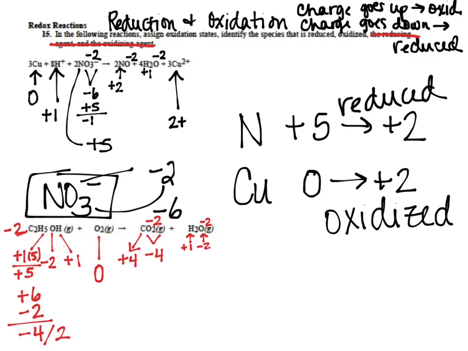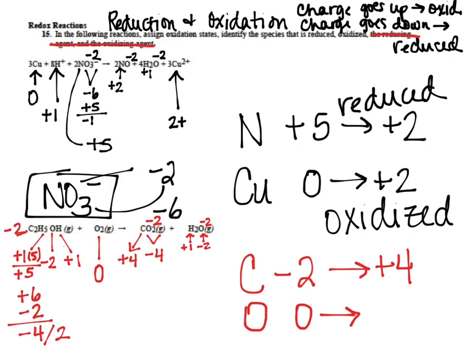So whose number changes? Carbon goes from being a -2 to a +4. And oxygen goes from being a 0 to a -2. So whose number went down? Oxygen, which means it is reduced.